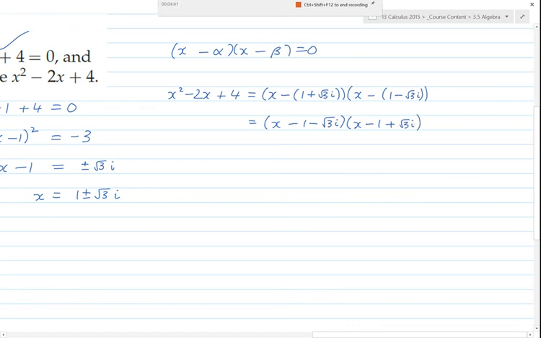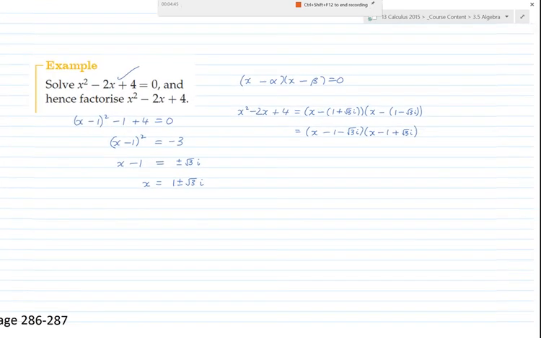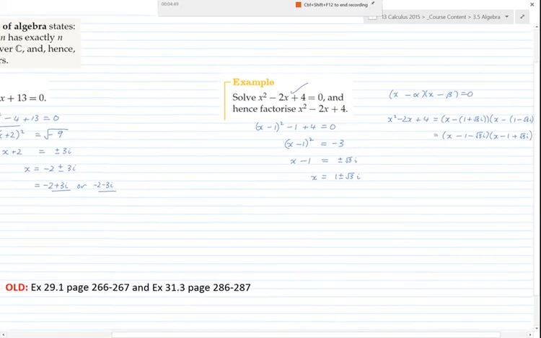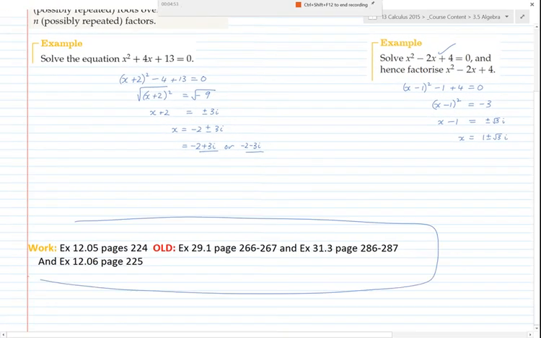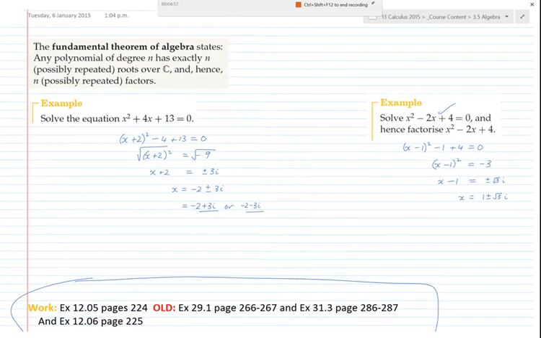So now that we have complex numbers, we're able to factorize previously unfactorizable expressions, and that helps us greatly with our progress in algebra. So that should get you set for doing the work on those pages, and just to reiterate, the fundamental theorem of algebra says that if you've got x to the power of n, then you've got n solutions, and that's the important part of what you've got today.